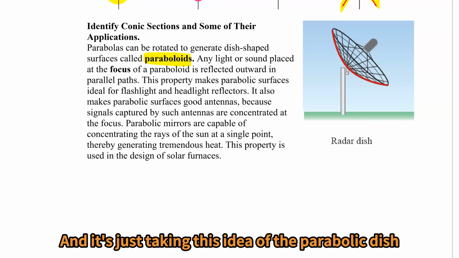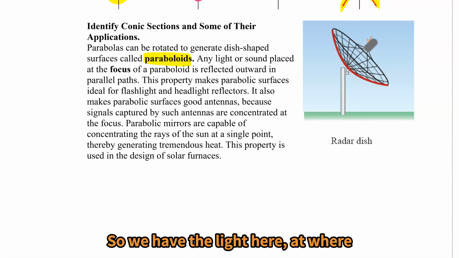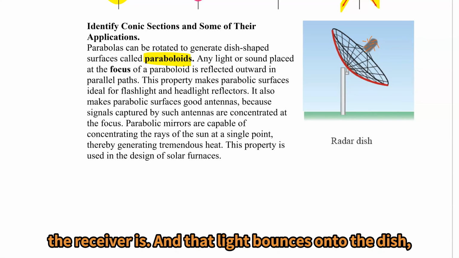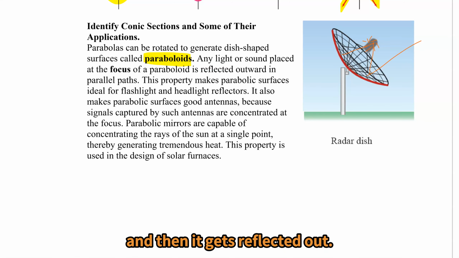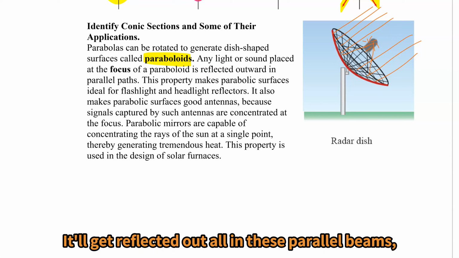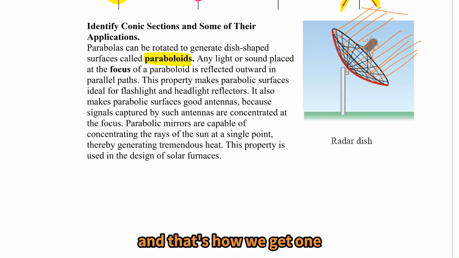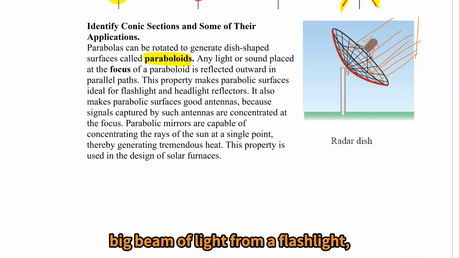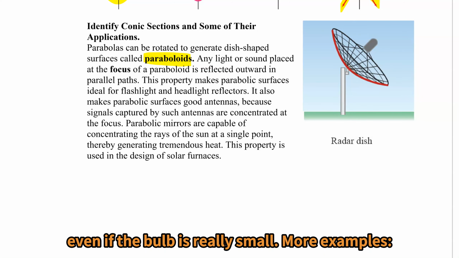And it's just taking this idea of the parabolic dish in reverse. So we have the light here at where the receiver is, and that light bounces onto the mirror, and then it gets reflected out all in these parallel beams. And that's how we get one big beam of light from a flashlight, even if the bulb is really small.